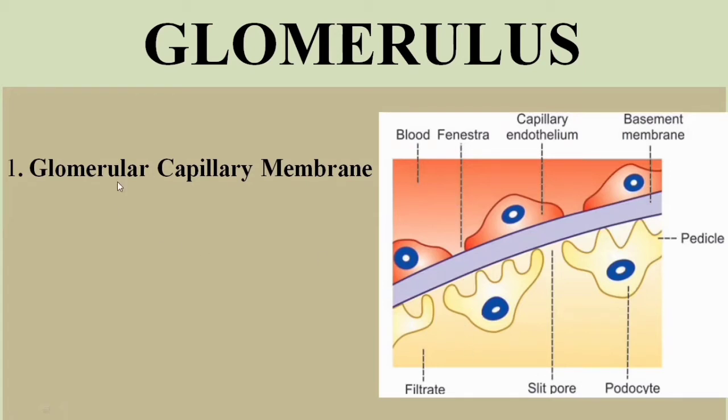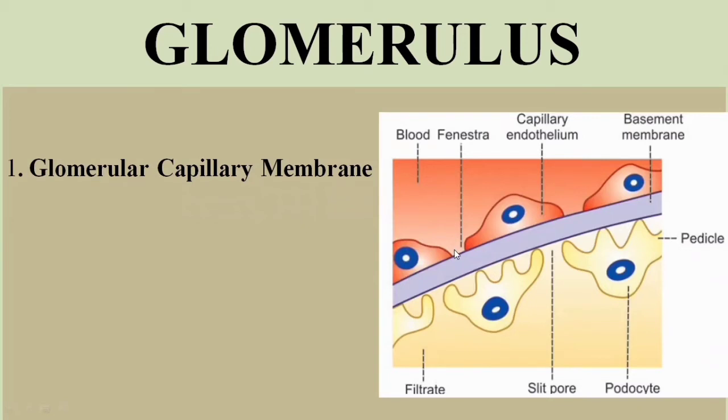The glomerular capillary membrane is made up of a thin layer of endothelial cells.